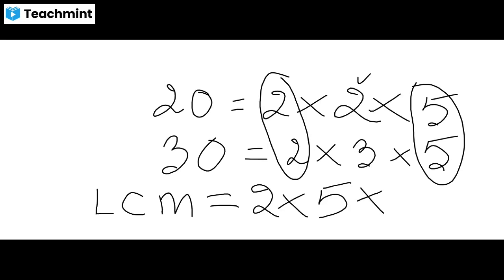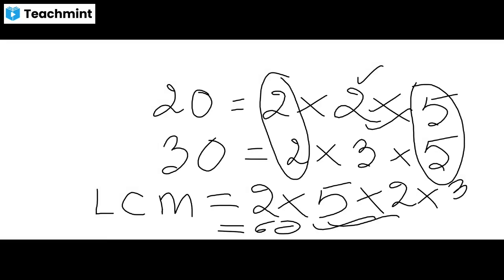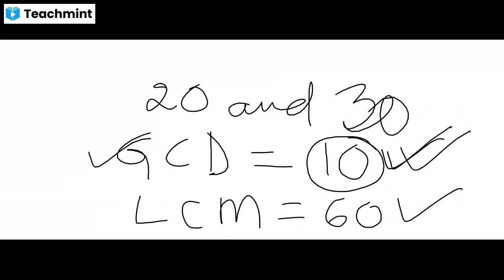Here 2 and 3 are remaining. So 2 into 3. So this will give us 2 into 5, 10. 10 into 2, 20. 20 into 3 gives us 60. So the LCM of 20 and 30 is 60. And your answers are absolutely correct. GCD is 10, LCM is 60.